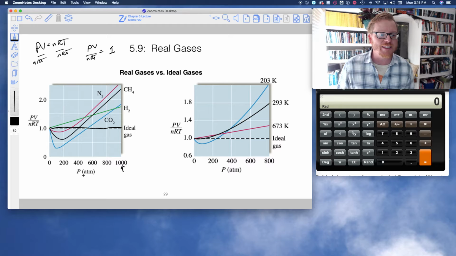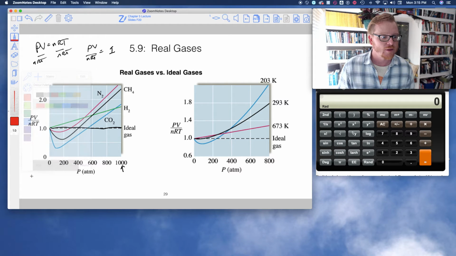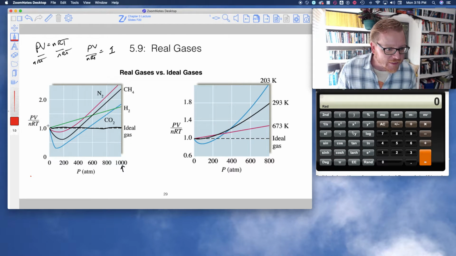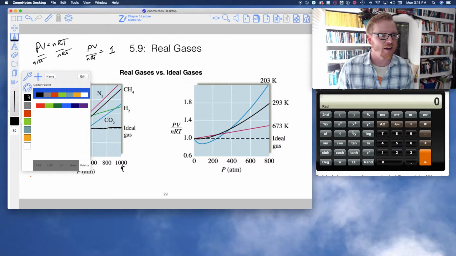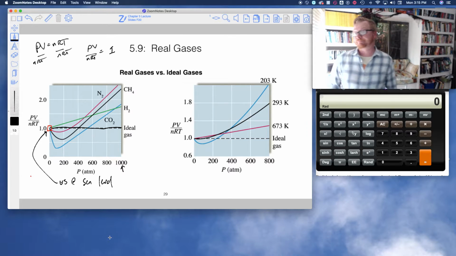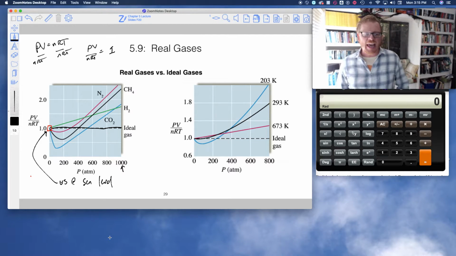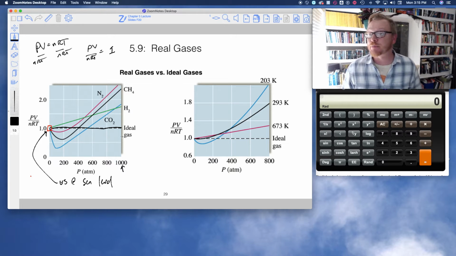The pressures that we deal with in our atmosphere, I'm going to make a tiny little red box around it, right there. This red box represents us at sea level. So in most cases, all of these gases behave ideally.